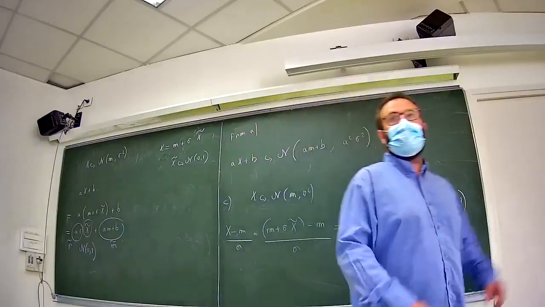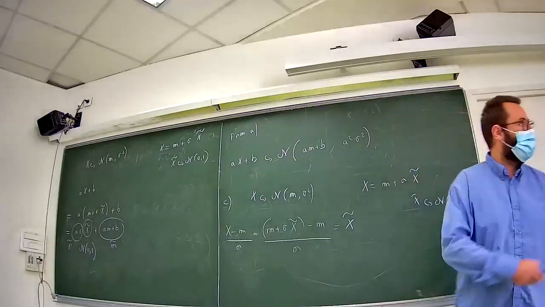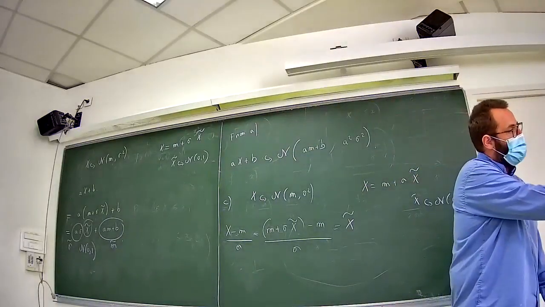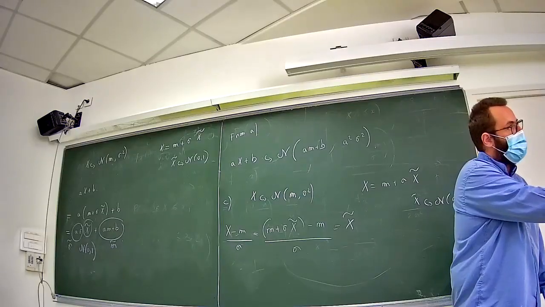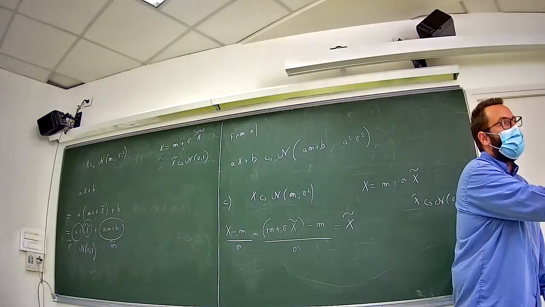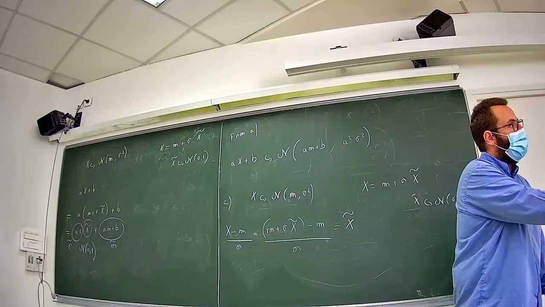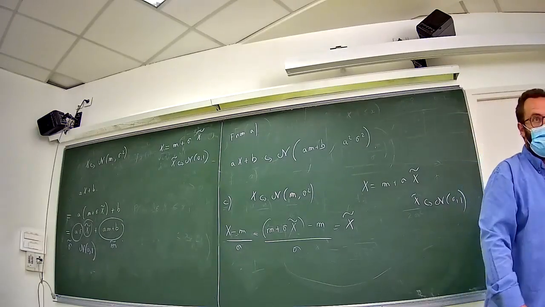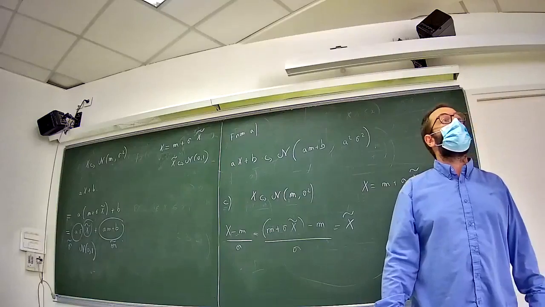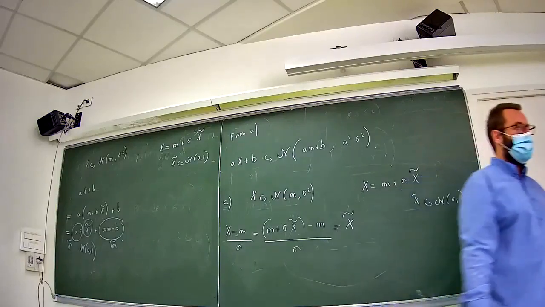So here, it's exactly what I have done in the previous case: I start from N(0,1), I transform it linearly, and I obtain the distribution of the transform. Here, I want you to do the same with another type of transform, that is to take the square. Okay? Question? Yeah.